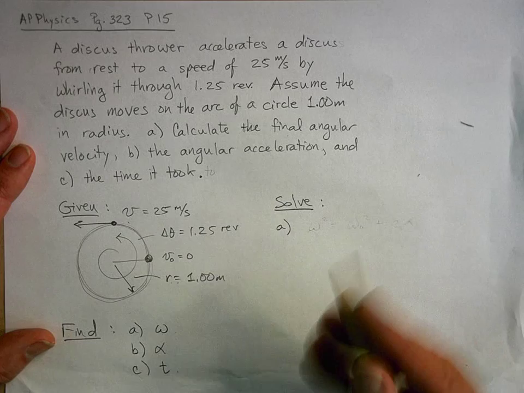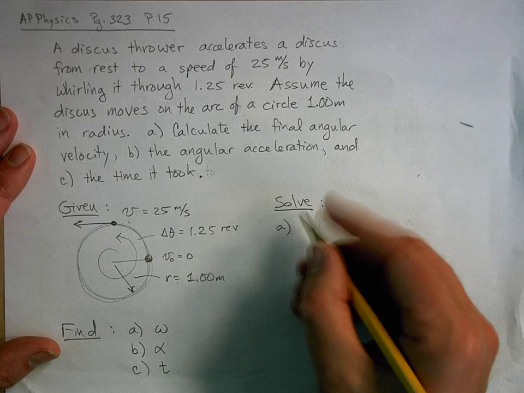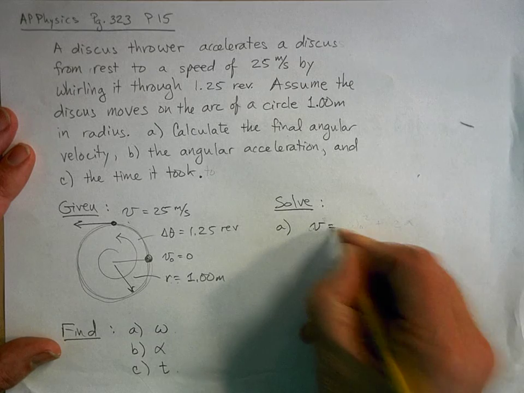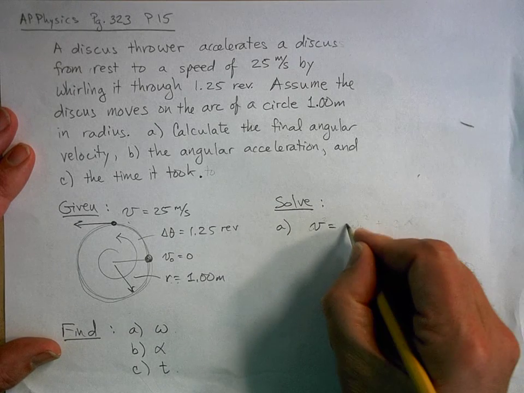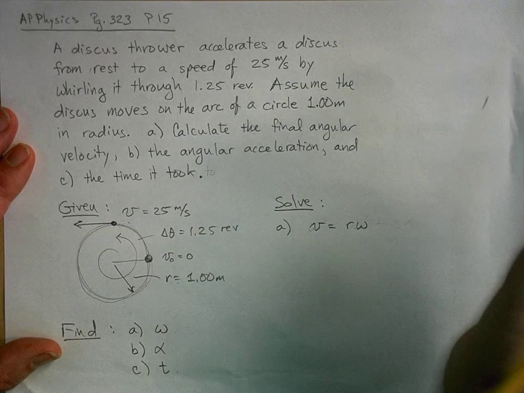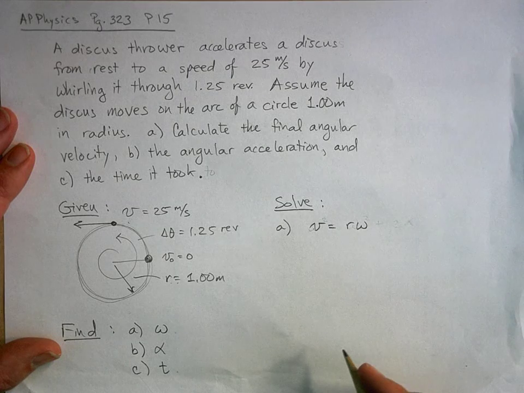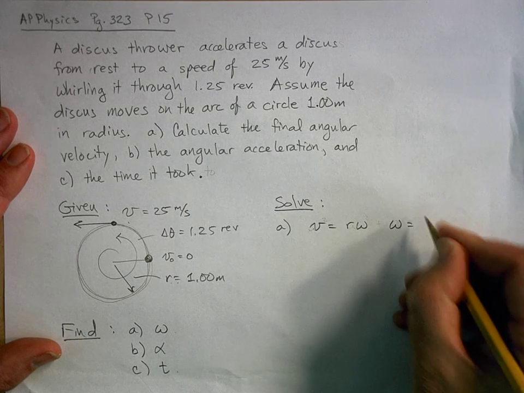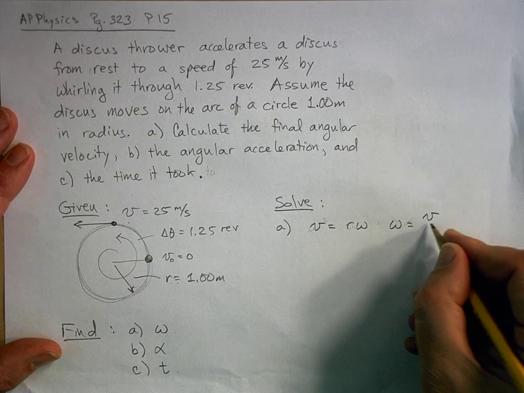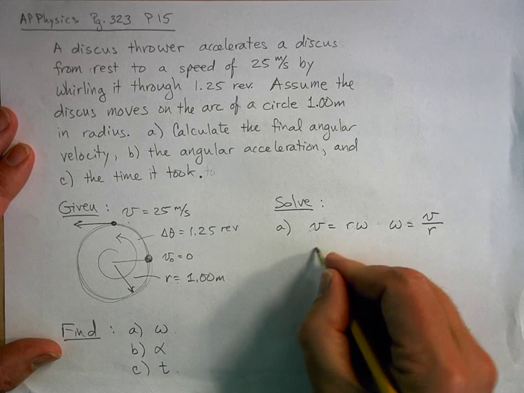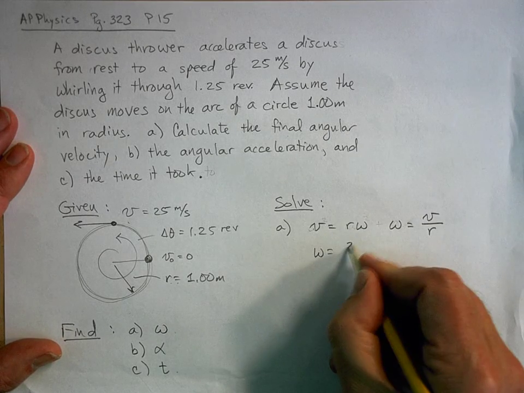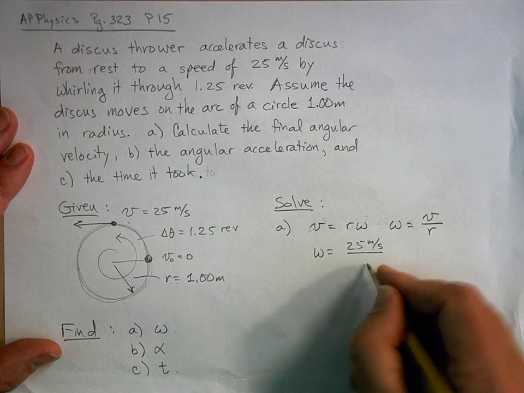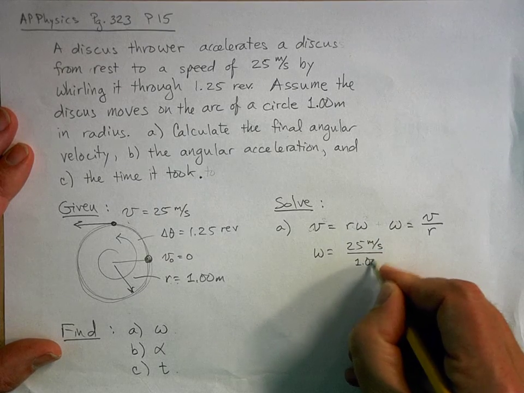So I can figure out the final angular velocity because I know that linear velocity is related to angular velocity by v equals r omega. That's a basic equation you need to know. So omega is equal to v over r, which is 25 meters per second over 1.00 meters.